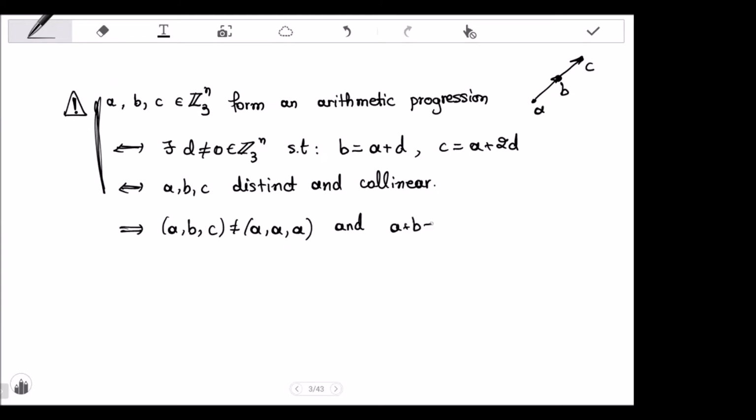A plus B plus C should add to the 0 element in Z3 to the n, because D plus 2D will equal 0. And it's easy to see that the converse also holds. So whenever you have a diagonal element, of course, the 3 vectors will add to 0 in Z3 to the n. But if for distinct elements you have this equality, then it's easy to see that they will form an arithmetic progression. Okay. So this is an equivalent statement that characterizes progressions.